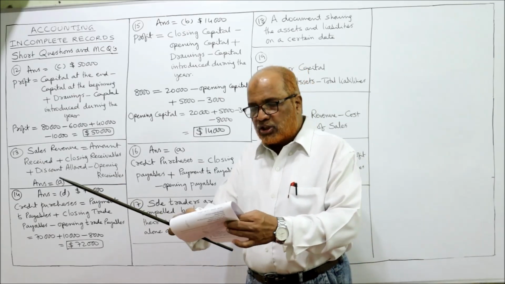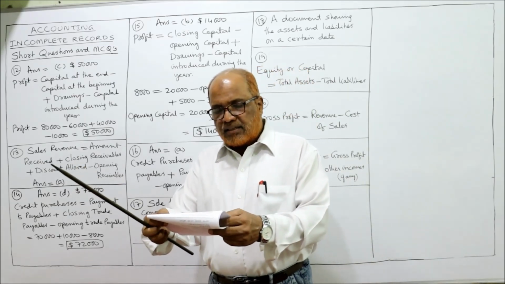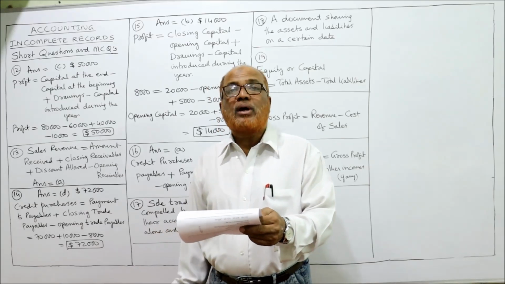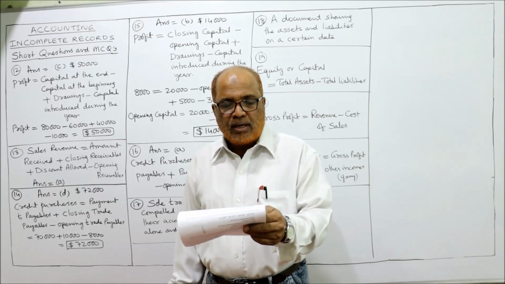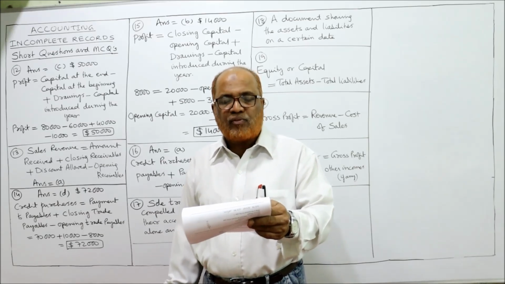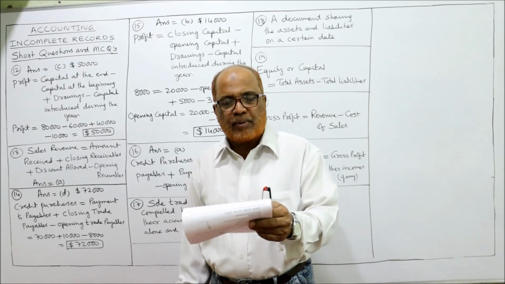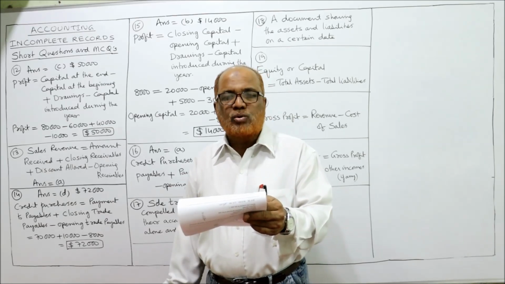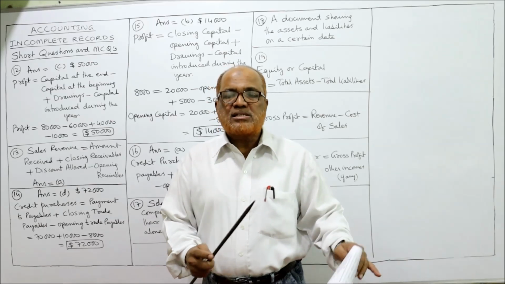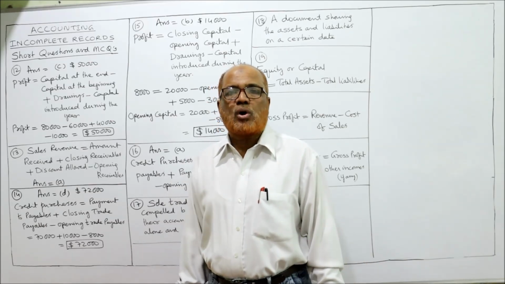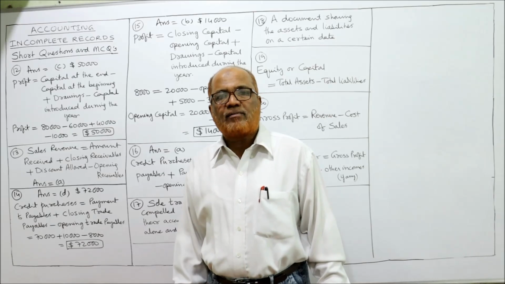Next one, 13th problem. In this problem MCQ is there but no calculations. Only you have to explain which one is true. A business has not kept full accounting records, incomplete records. Which formula is used to calculate sales revenue? In the last video, many problems we have solved in finding out the sales revenue.